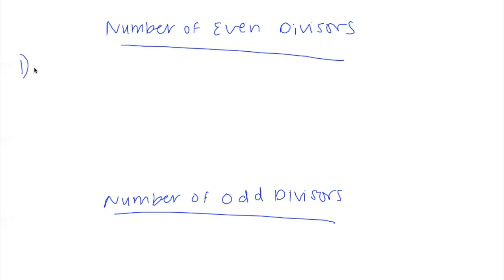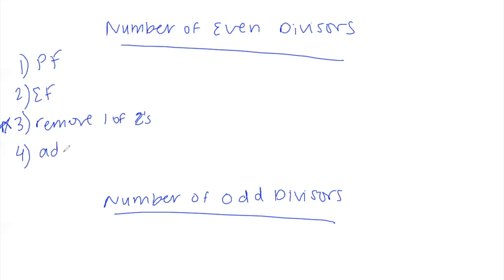So you have prime factorization, exponential form. And then step 3 is where it gets a little bit different. You must remove one of the 2's in even divisors. 4 is add 1 to the exponents again. And 5 is multiply.